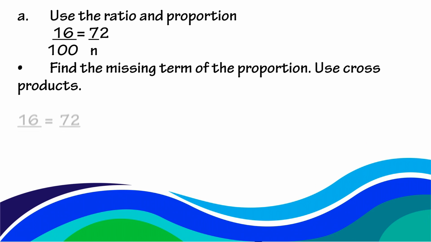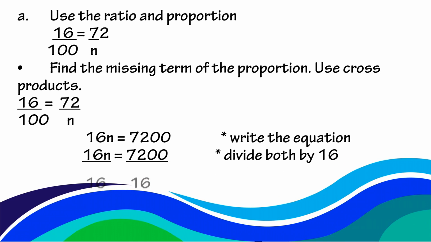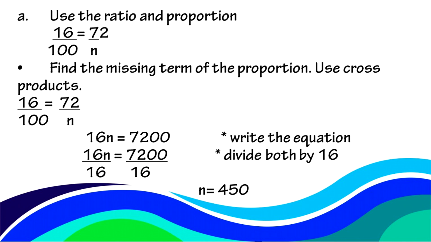First is to use ratio and proportion. 16% in fraction is 16 over 100 equals 72 over n. So we will cross multiply: 16 multiplied by n, and 100 multiplied by 72. So, 16 multiplied by n is 16n, then 100 multiplied by 72 is 7,200.